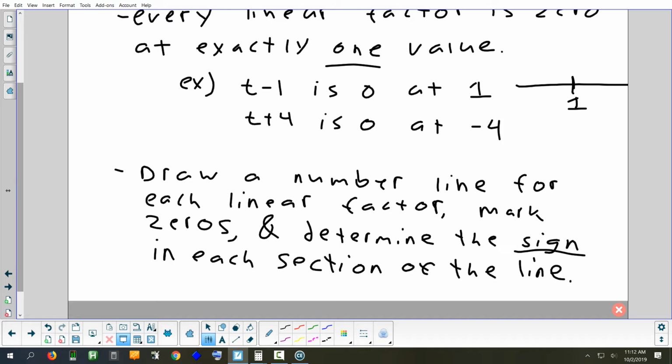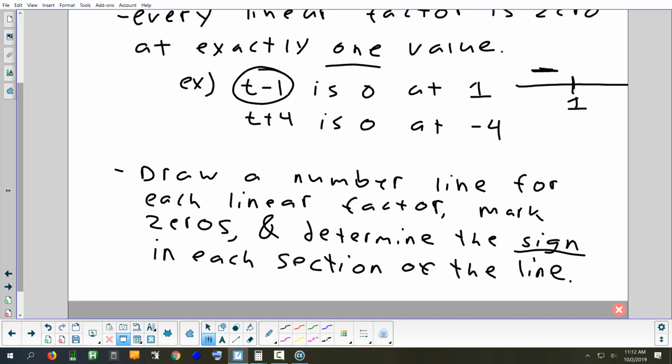Pick one. 0. That's an easy one. If you plug in 0 into the formula t minus 1, what kind of number do you get? Positive or negative? Eric? Negative. You get a negative. Any number that you plug in to the left of 1 will give you a negative. Now let's try a number bigger than 1. 2.